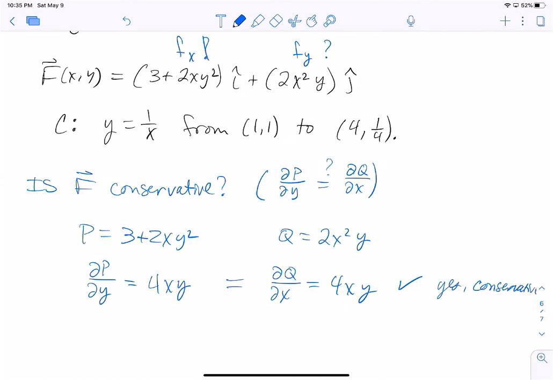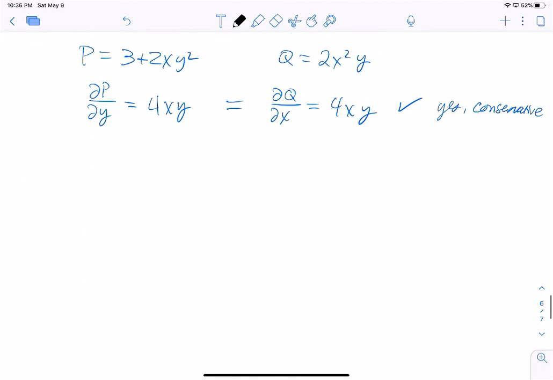And that means that F is composed of an x coordinate, or an i component, I should say, that is a partial with respect to x, and a j component that is a partial with respect to y. And again, that check wasn't necessary for this particular problem, but it is for others in this section, and it's good form.